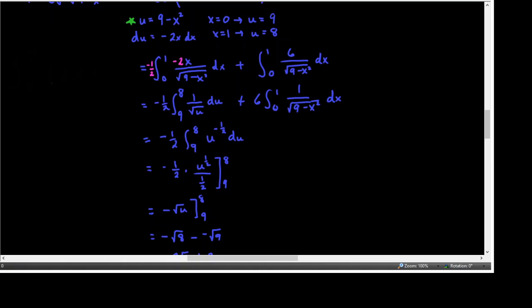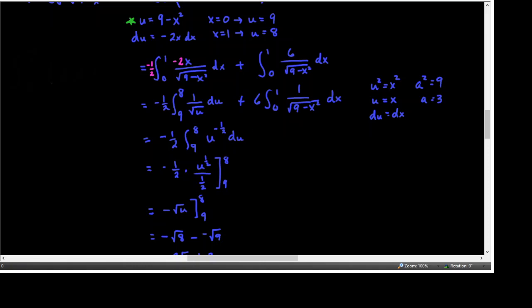So for number 18, I need to identify what u squared is. That's going to be x squared, which means u is x, du is dx. So I don't need to introduce any new constants there, like I did for the other half where I had to introduce that -2. My a squared, of course, is 9, which means a is 3.